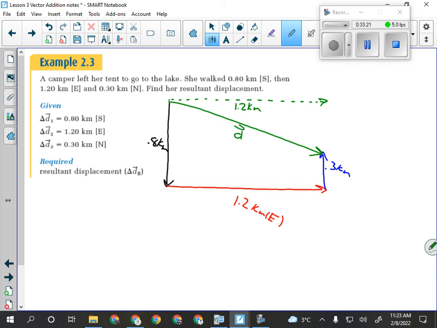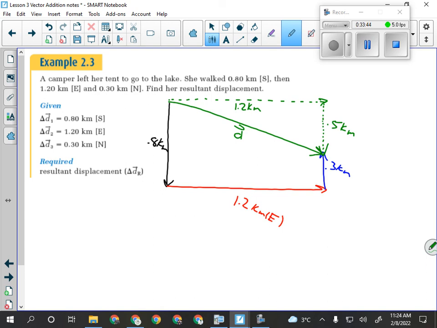How far north-south does she go? 0.5 kilometers. Which way? South. All right. I got a right angle triangle now. Can I figure out how big that displacement line is? Yes, I can.